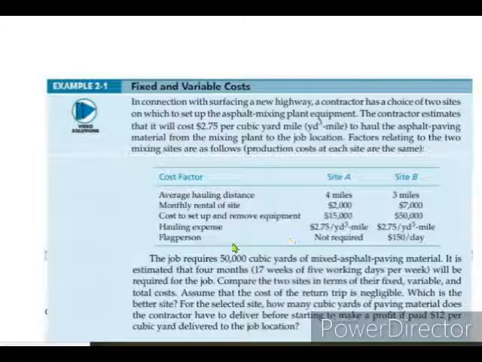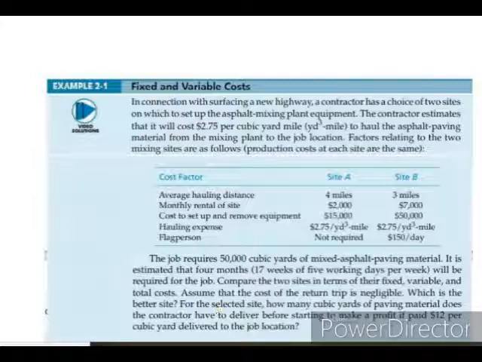It is fixed. So flag person. Site A is not required and site B is required. Okay? So when you say flag person, he's the one leading the operation in such a way that they are giving signals, okay? Giving signals to the operators.